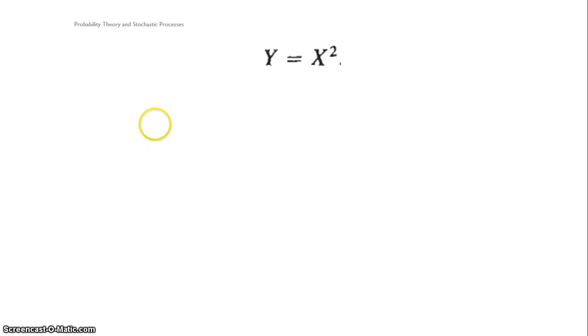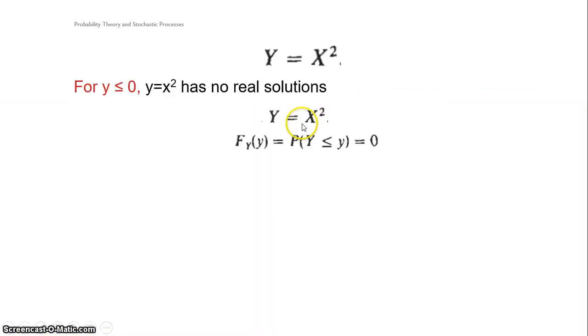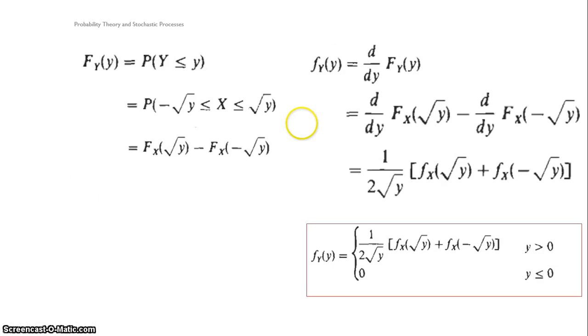You can see here y is equal to x square. So this is your y is equal to x square equation, where x is plus root y and minus root y. When you write F of Y, capital Y, you just need to write x square less than or equal to y, which will give you minus root y and plus root y.